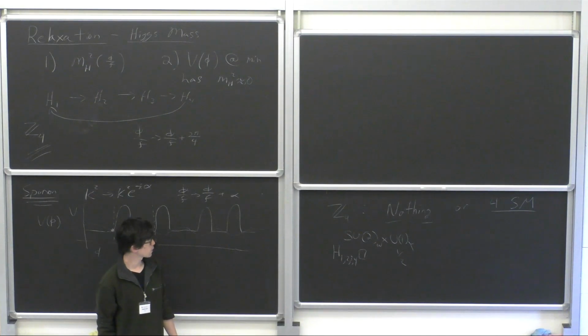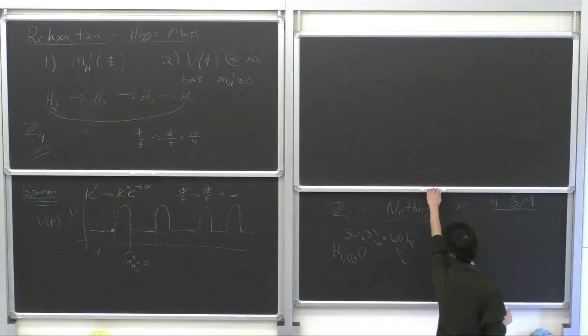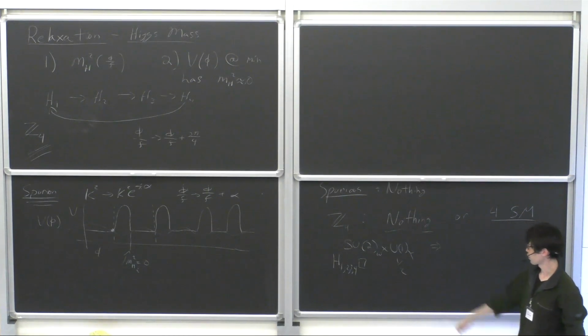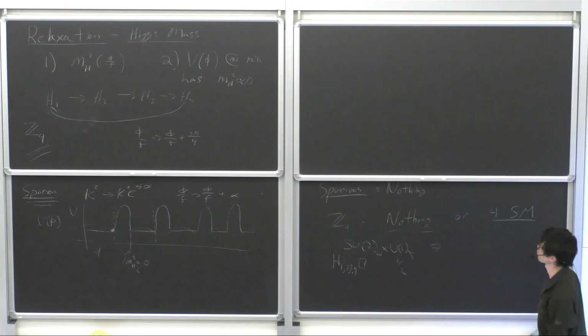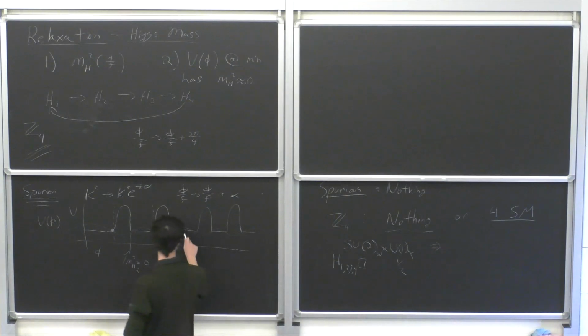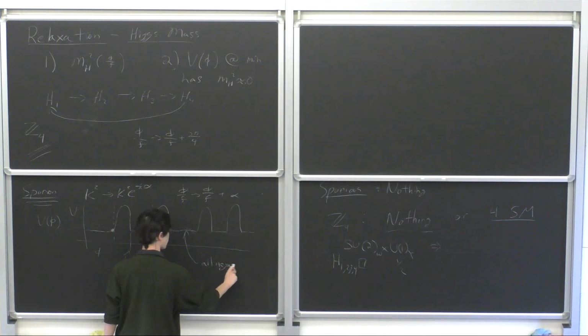And what happens with, for example, the whole point of the Higgs boson is that it gives mass to the W and Z. So what happens to the W and Z masses? Well, whichever one has the largest VEV does the work. Notice this region has all negative, so everyone has a VEV.